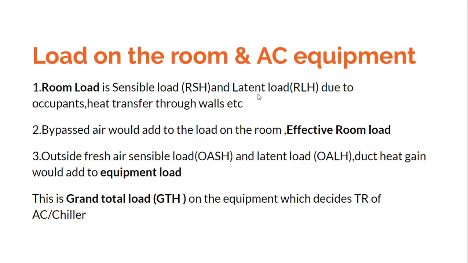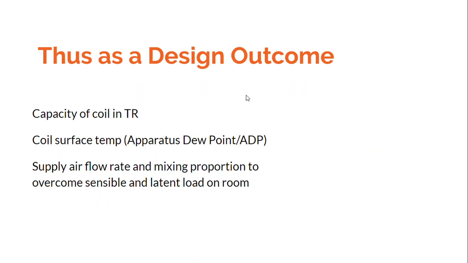Once you get this grand total load, we can finally arrive at the capacity of the coil in TR, the coil surface temperature, also known as apparatus dew point temperature or ADP, the supply airflow rate, and in what proportion I should mix the fresh air with the recirculated air. This would be the outcome of the design.